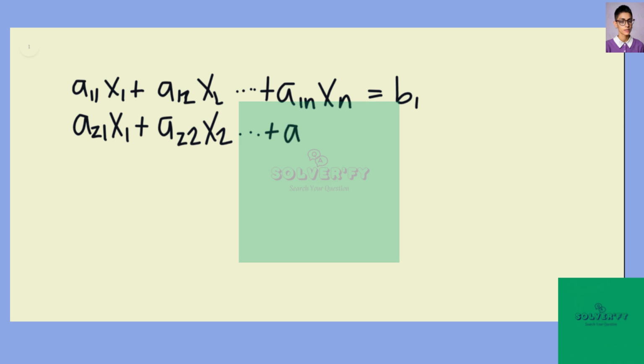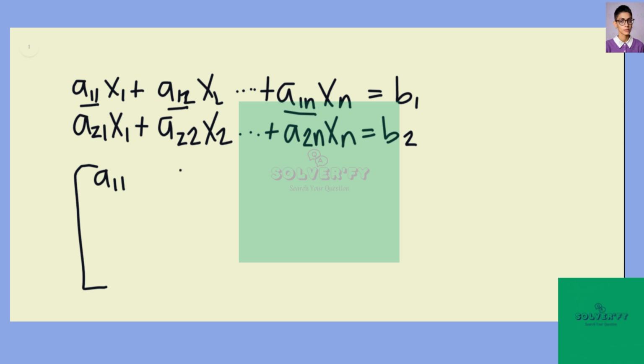Okay, and so the process here is that we break it up into a matrix for the constants attached to each variable, right? So we would get a11 and then a12 all the way to a1n.